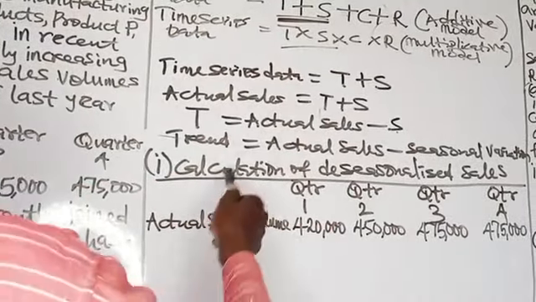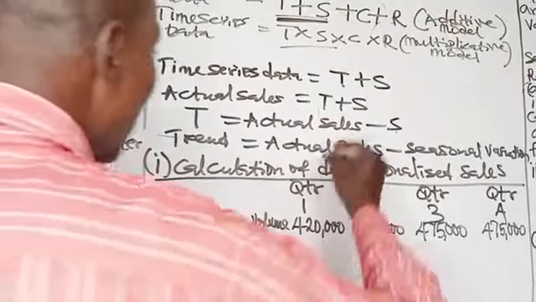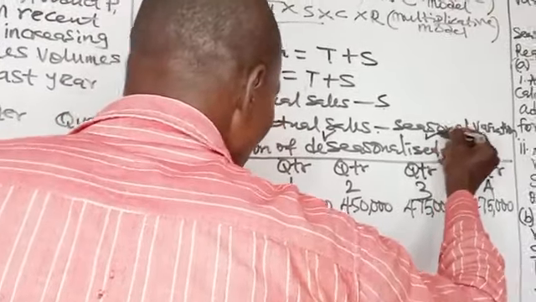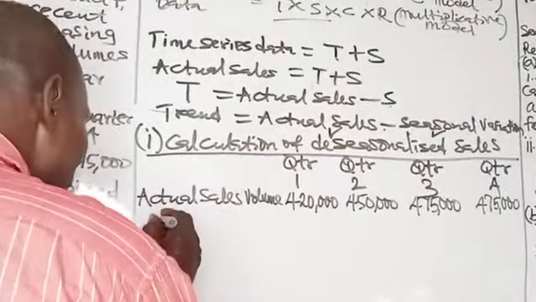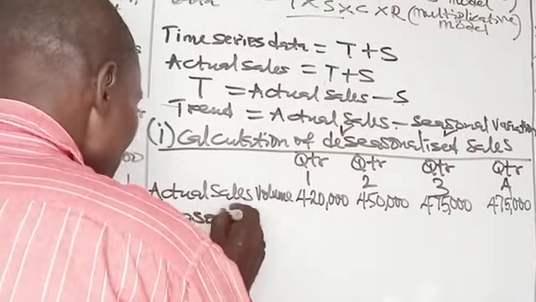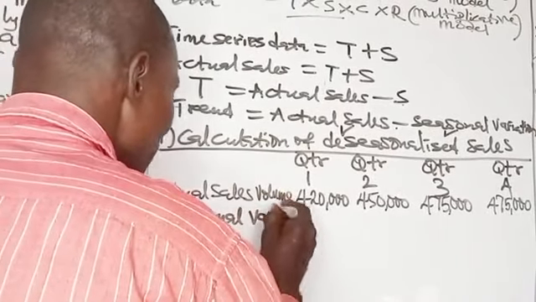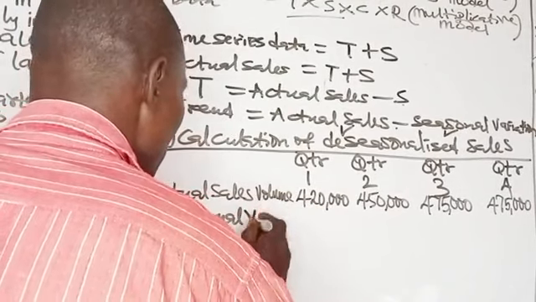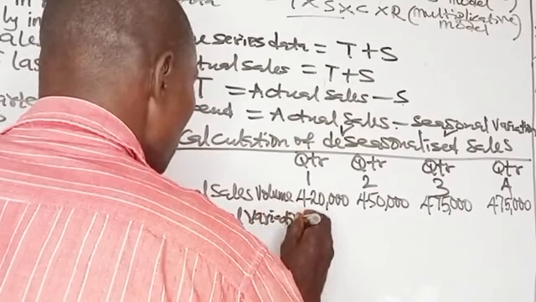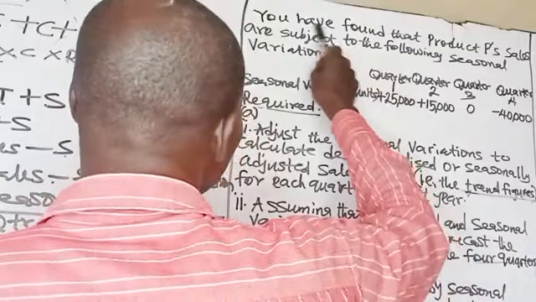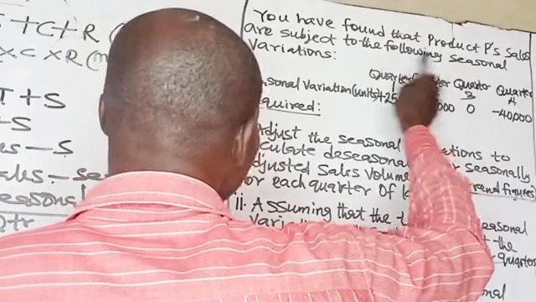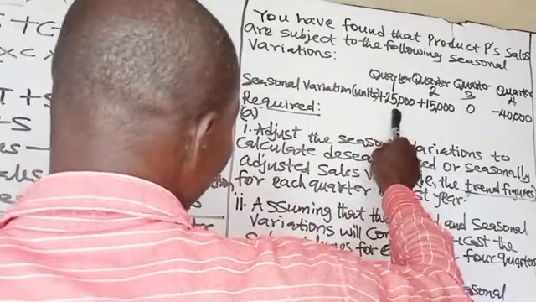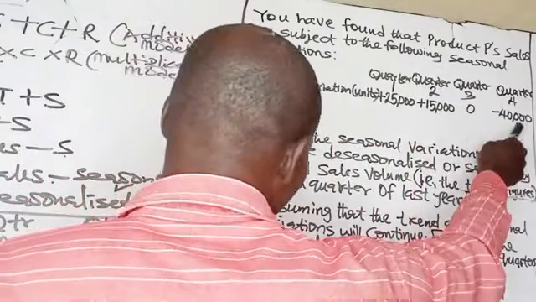Having considered the actual sales, the next item is minus seasonal variation. So now, what is our seasonal variation? You have found that product P sales are subject to the following seasonal variations: plus 25,000, plus 15,000, 0, and minus 40,000.